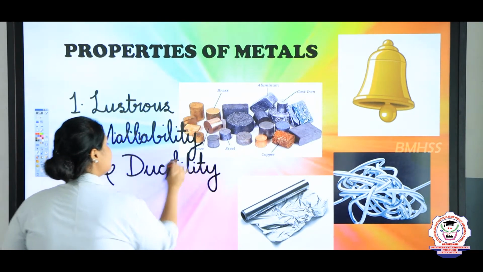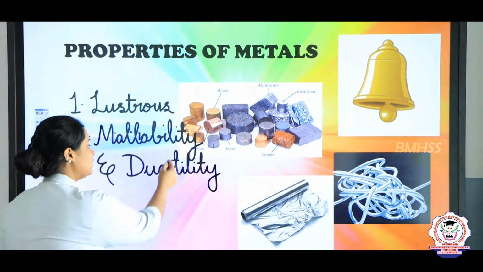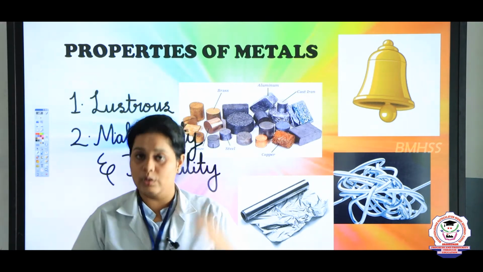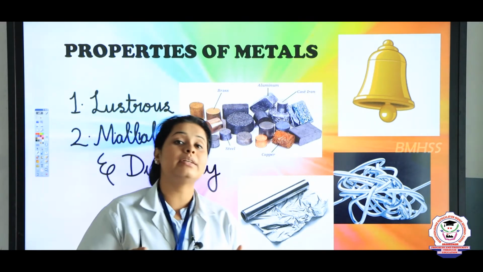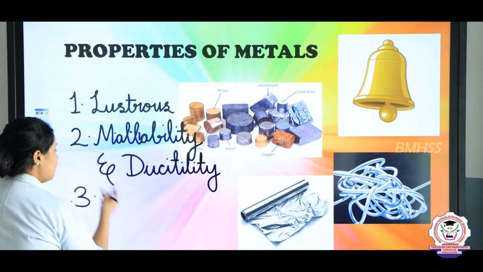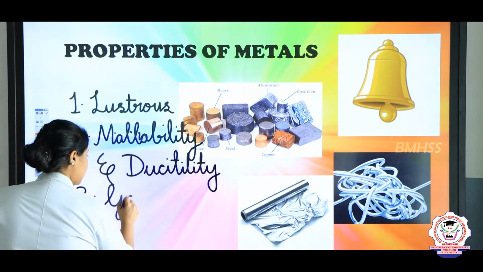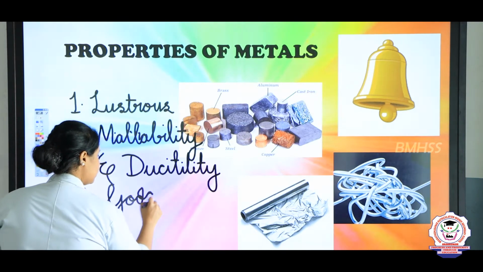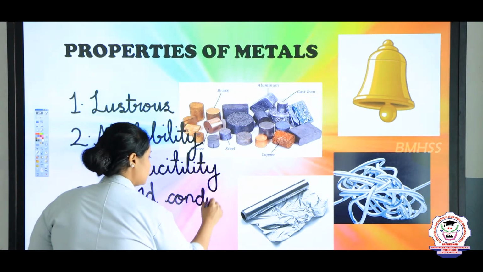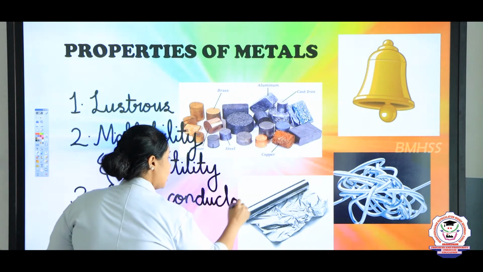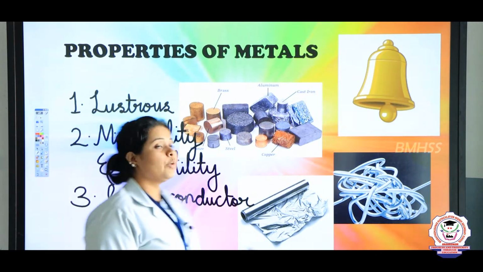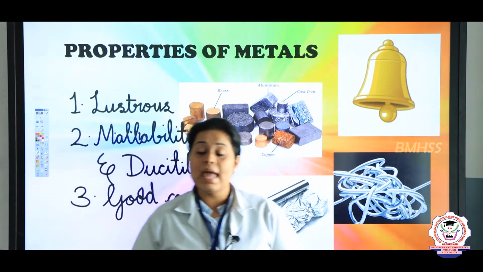So after this children, there is a concept of how you can say whether a metal is a good conductor of electricity or a bad conductor of electricity. Generally a metal will be a good conductor of electricity plus heat.